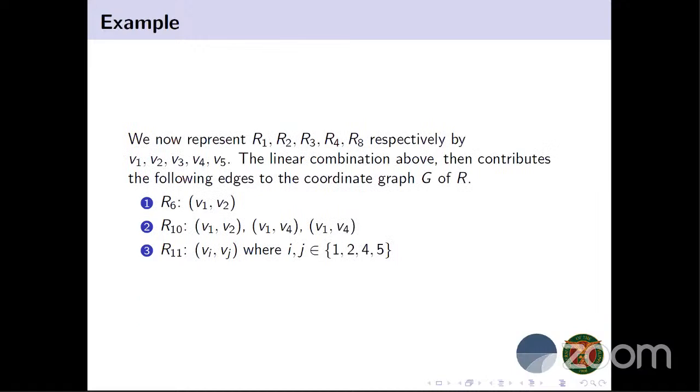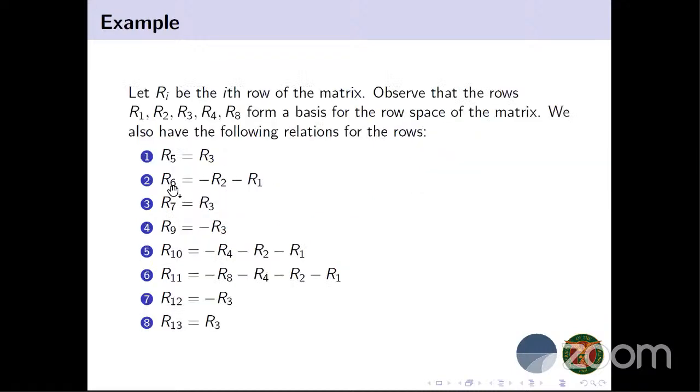And then we relabel R1, R2, R3, R4, R8 respectively by V1, V2, V3, V4, V5. The linear combination here then contributes the following edges to the coordinate graph G of R. So in our example, R6 is negative R2, negative R1.